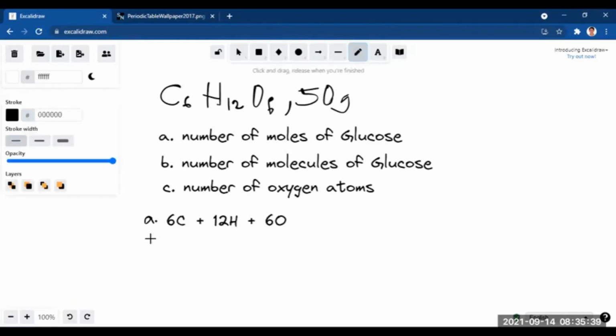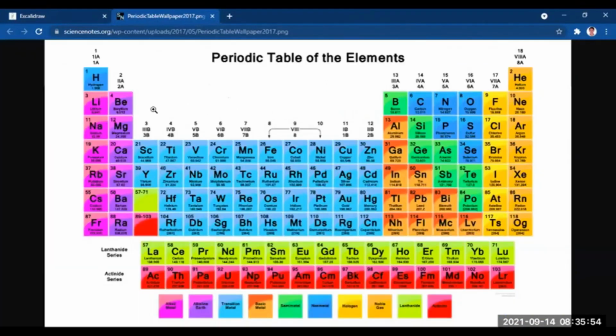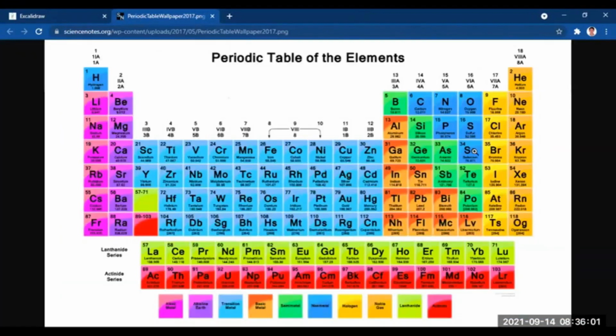So from the periodic table, we will look for carbon, hydrogen, and then oxygen. So carbon is 12.011, oxygen is 15.99, and then hydrogen is 1.008. So again, hydrogen 1.008, carbon 12.011, oxygen is 16.